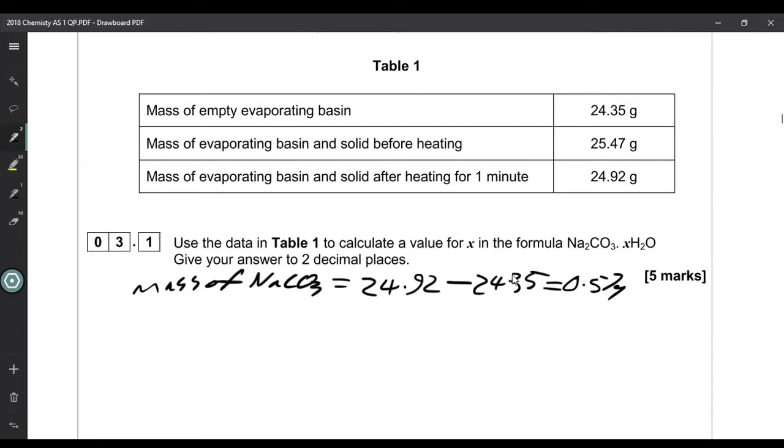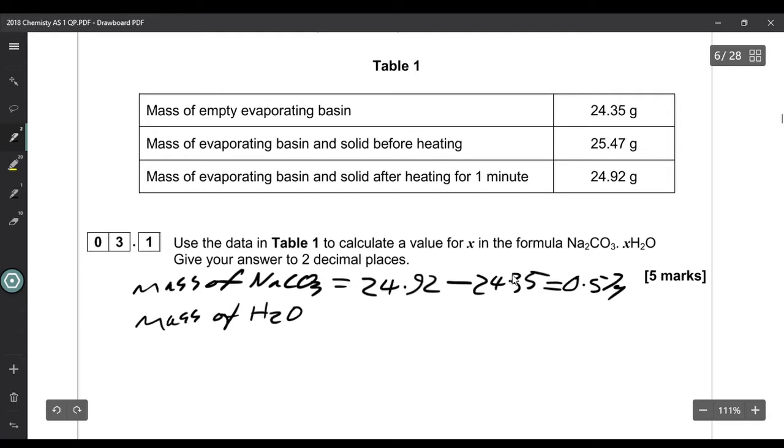So next we need to work out how much water there is. So the mass of H2O. Here, before any heating, that's got the sodium carbonate and the water, and we're going to assume after the heating all the water's gone. So the difference between these two figures is going to be the mass of the water.